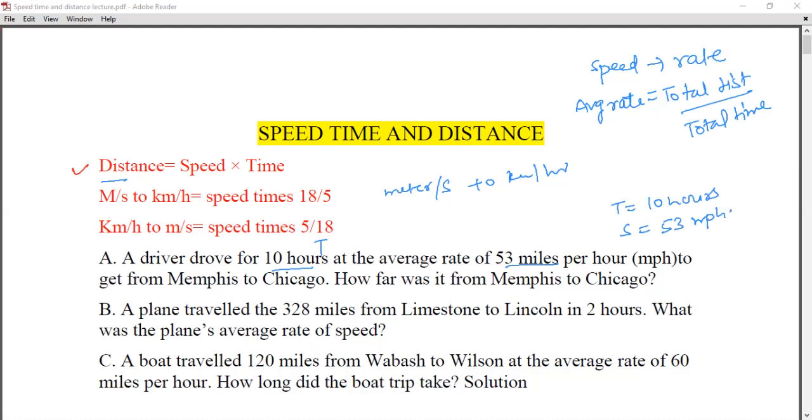We need to find the distance. The formula is simply speed times time, so that is 53 times 10, that is 530 miles.